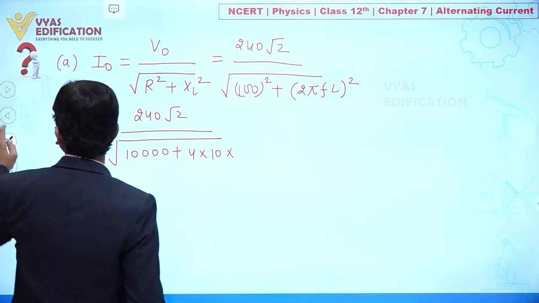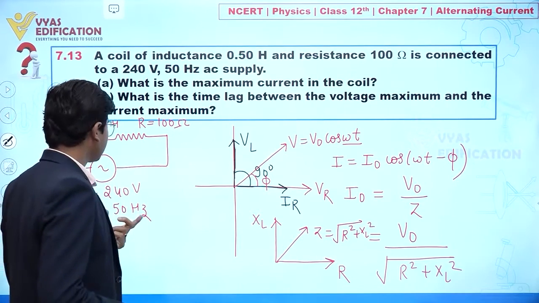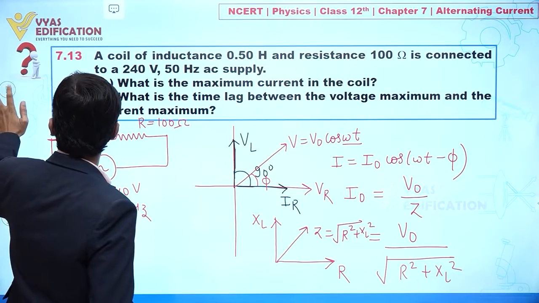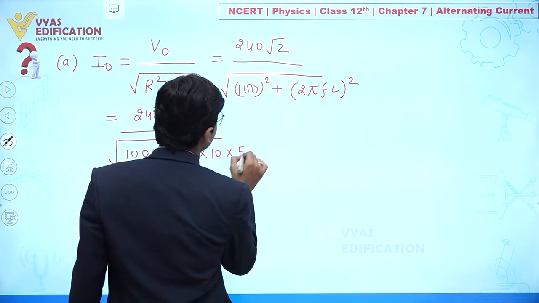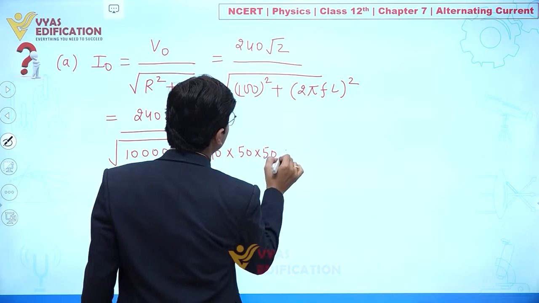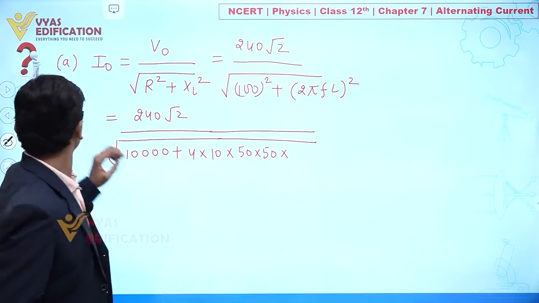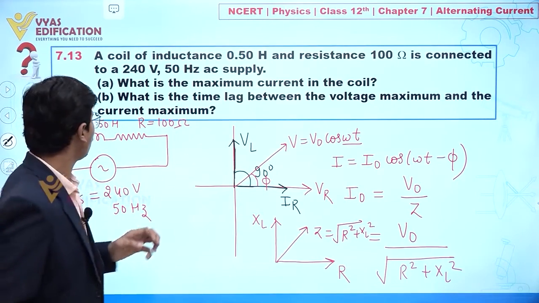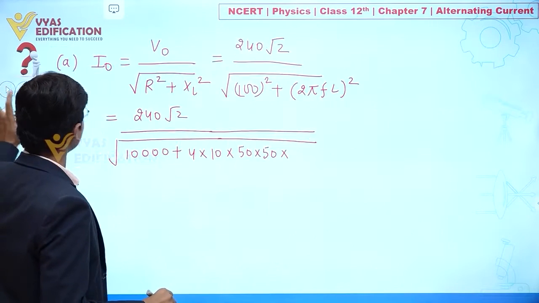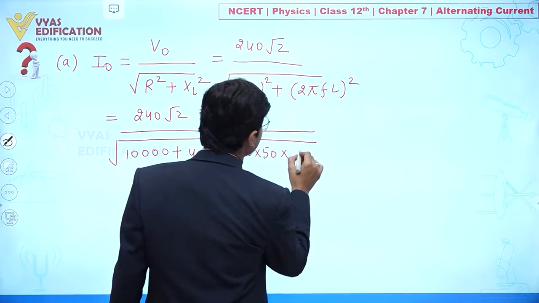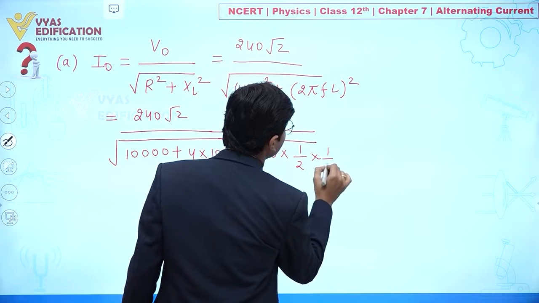The frequency is given as 50 Hertz, so 50 into 50, multiplied by L squared, where L is 0.50 Henry, which is 1 by 2 multiplied by 1 by 2.